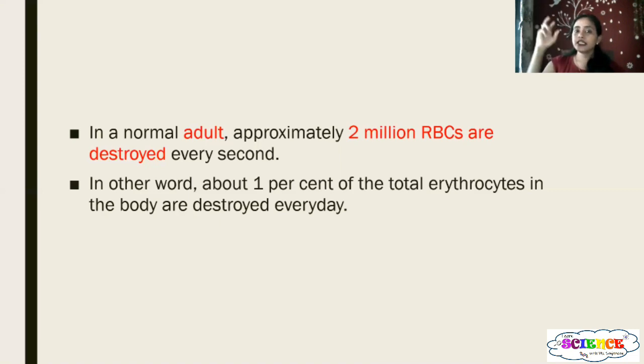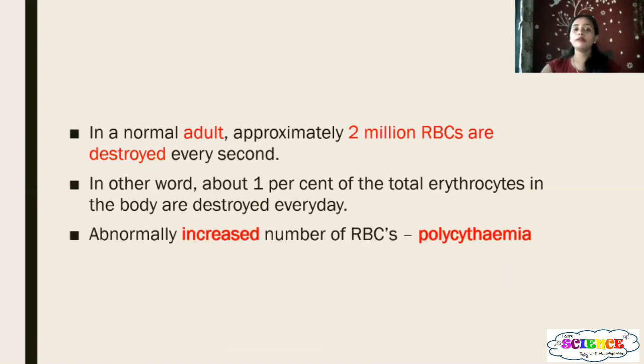So oxygen level is less, but the body's need for oxygen is more. So for efficient transport of oxygen, more red blood cells are required, and so they have more red blood cells.